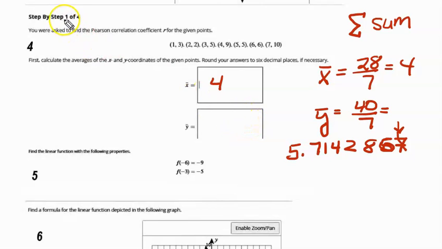But now in step 2, step 3, and step 4, they're asking you for the series of things that we went over in the Learn, where we're using the least averaged method to find it.